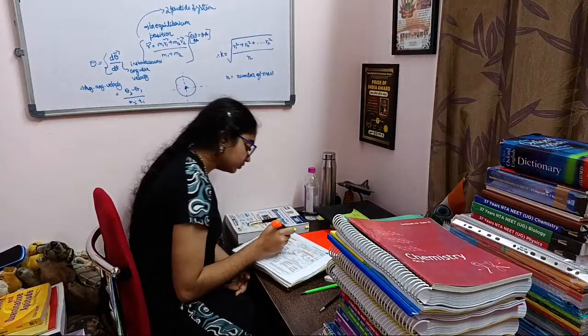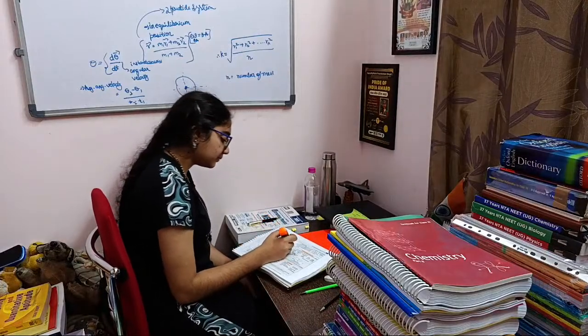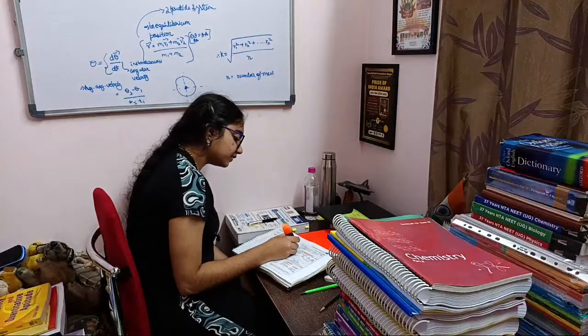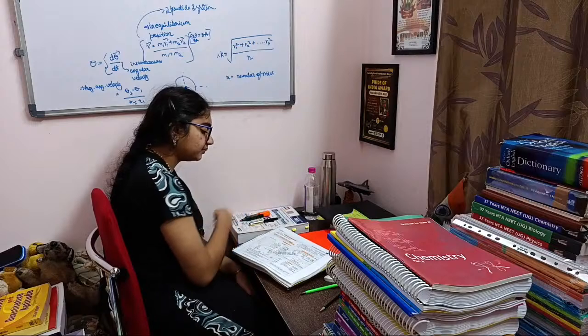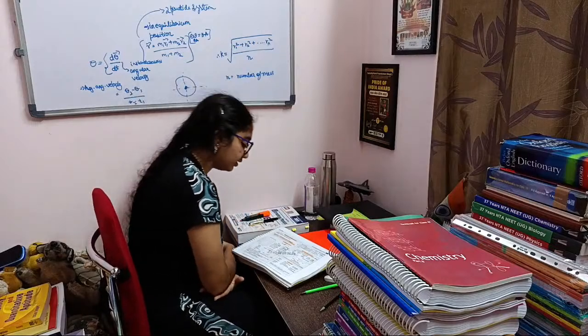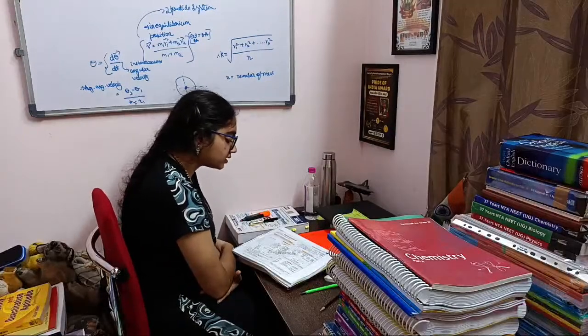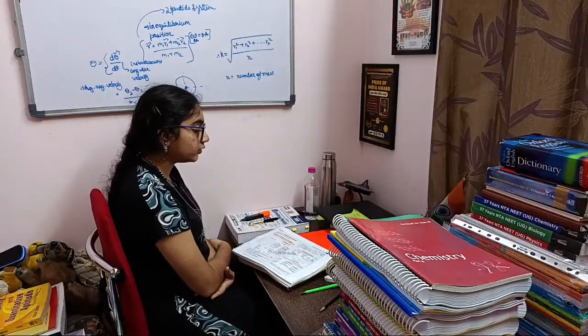And then we have pulmonary capacity. What is pulmonary capacity? Addition of various respiratory volumes. That is FRC: RV plus ERV, residual volume plus expiratory reserve volume.